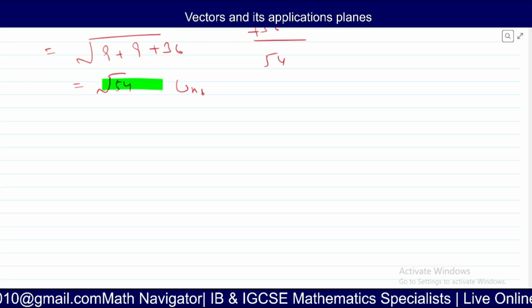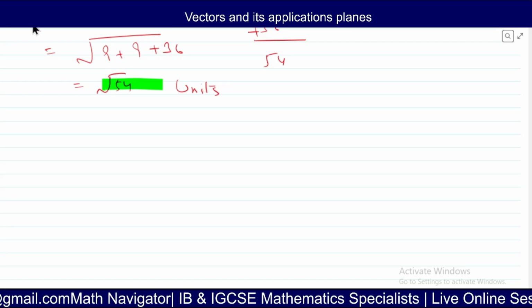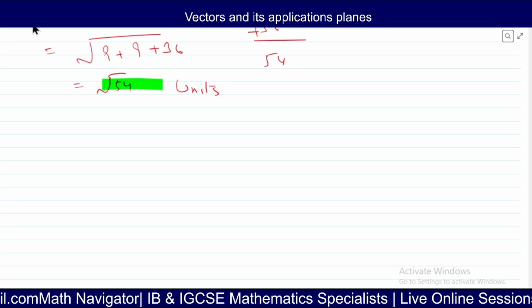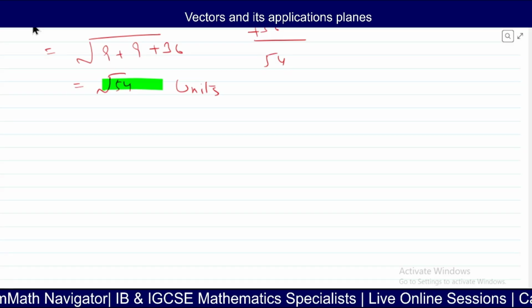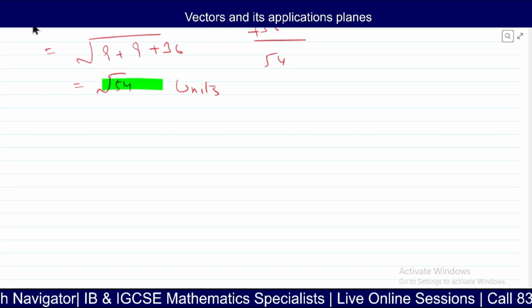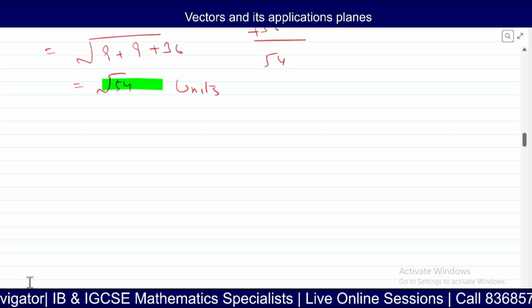So this is how you do it. But in IB, you can use a direct formula. I'll explain what that formula is, and if you use it, the question becomes easier.